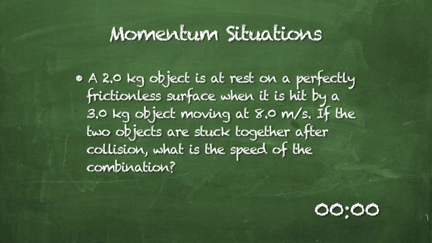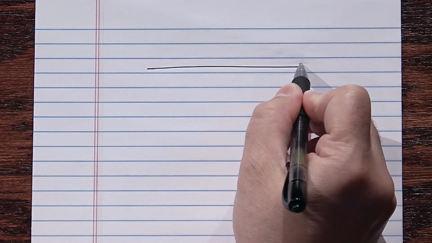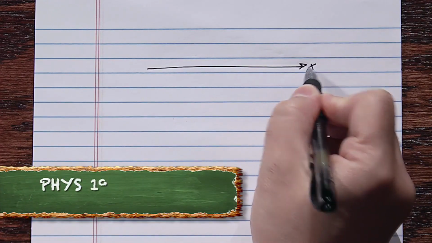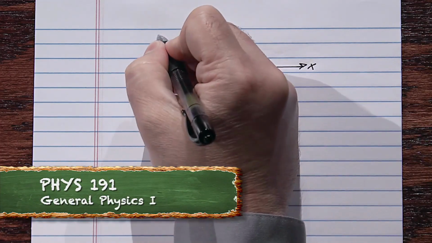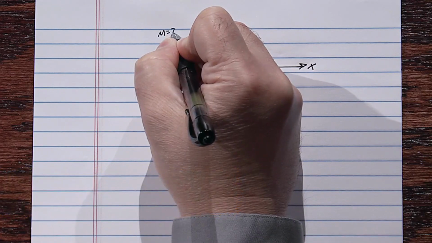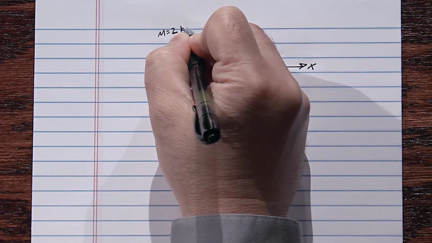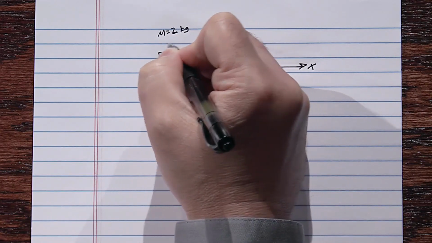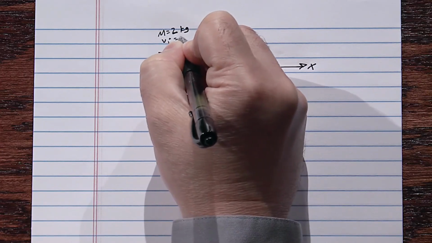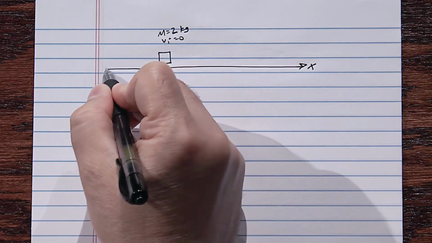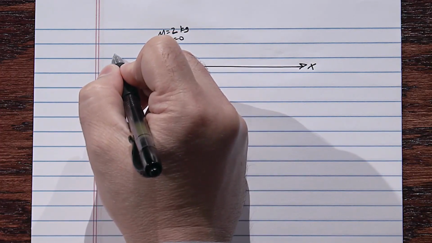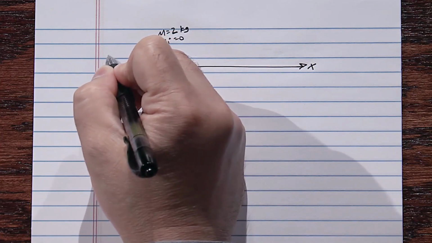Okay, our diagram is going to be very similar to what we did in our examples. We'll draw our x-axis. We'll have mass is equal to 2 kilograms, and V initial is equal to 0. Oops, actually, this is the one being hit. It is a 3-kilogram object.